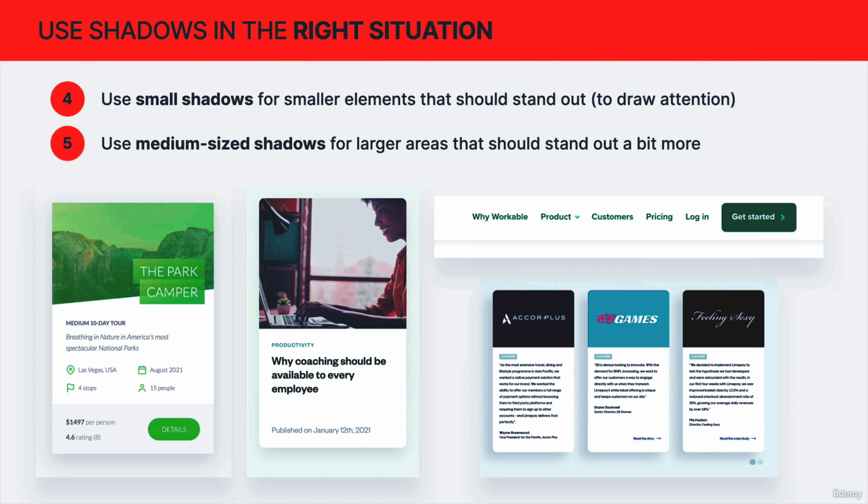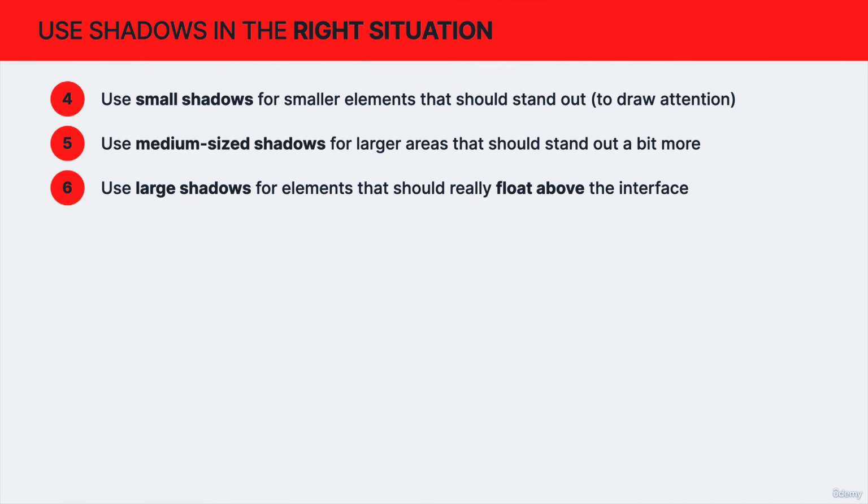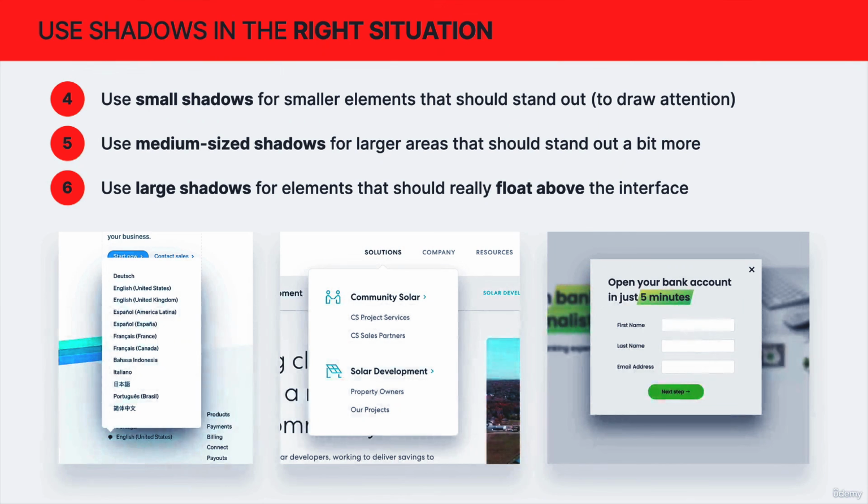All right. Now, finally, we also have large shadows. And these kind of shadows we use for elements that we really want to float above the entire rest of the interface. And good examples of that are navigations and pop-up windows like you see here on the right. So all these three examples have really large shadows.